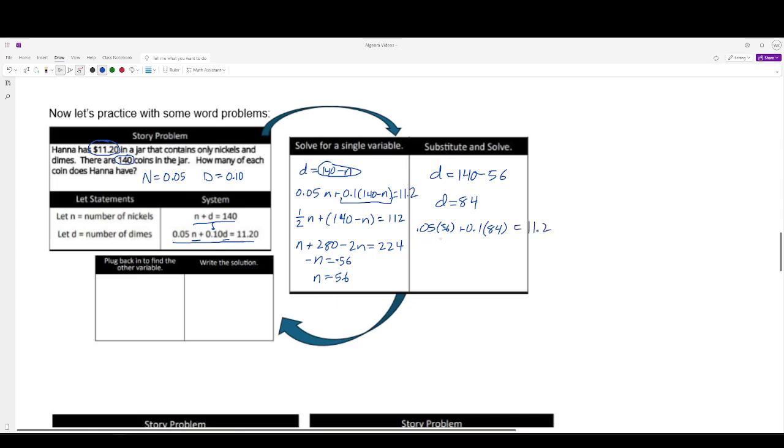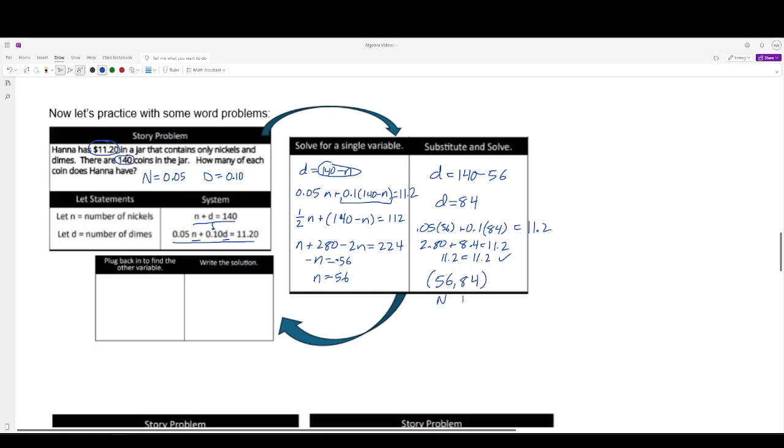So 0.05 times 56 is going to be 2.80, plus 0.1 times 84 is 8.4, equals 11.2. That's 2.8 plus 8.4, so yeah, that's 11.2 equals 11.2. That checks out. So our solution is 56 nickels and 84 dimes.